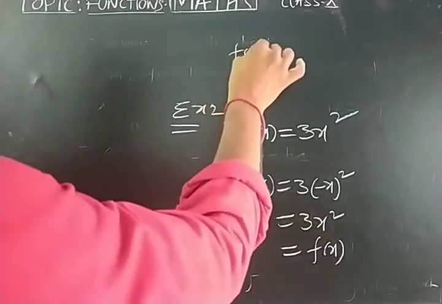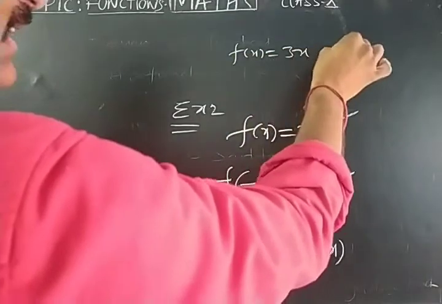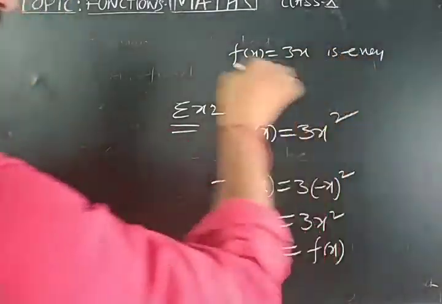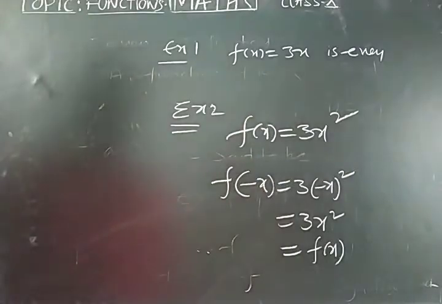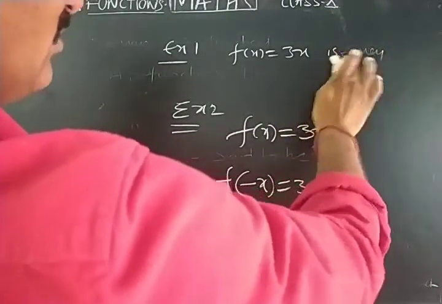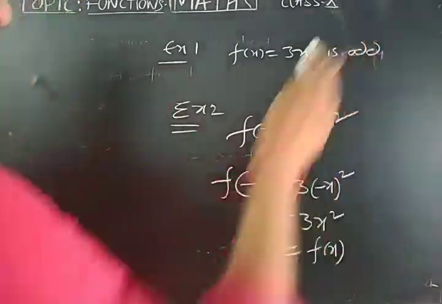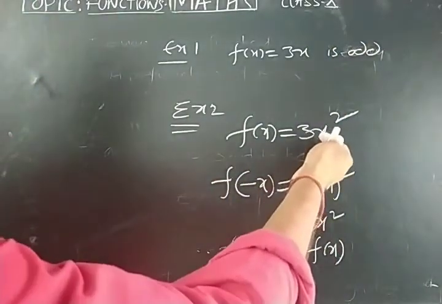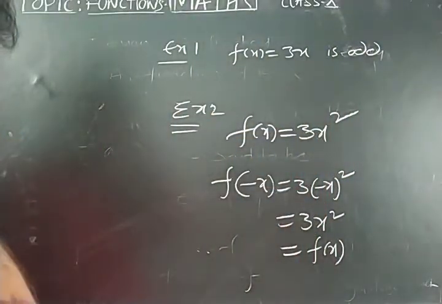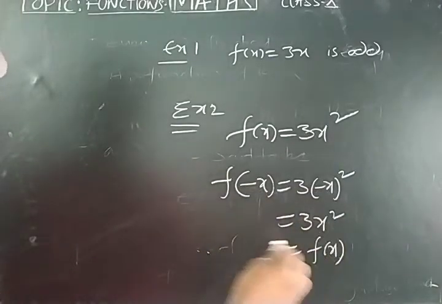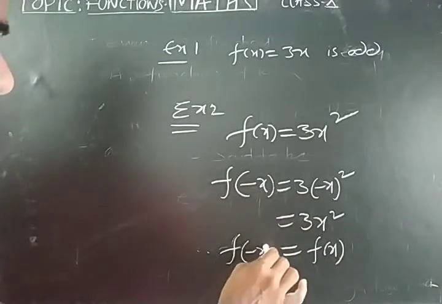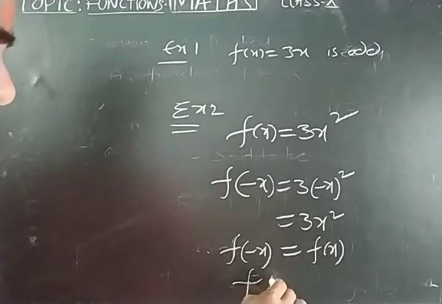Already we got f of x equal to 3x is odd. Now I am changing the definition, in place of x I am taking x square. Now I am checking the function. Substitute minus x, I got f of minus x equal to again f of x. Now we can say f is even.